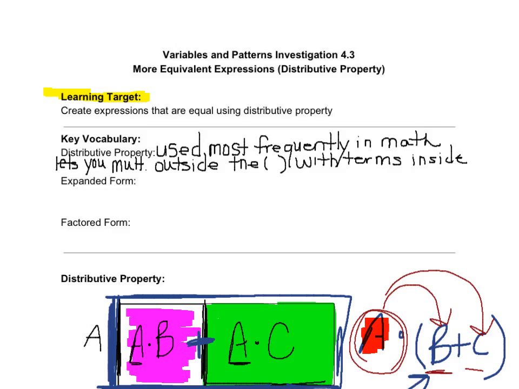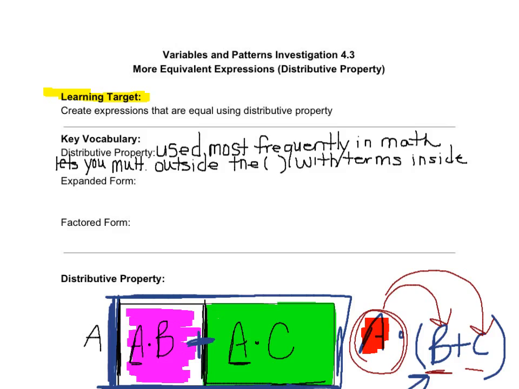So I made it as simplified as I could, just by saying that it is used most frequently in math. What it does is it allows us to multiply what's outside the parentheses, whether that be a number or a variable, with the terms or the pieces that are inside. So that means it could be a number inside the parenthesis or variables or a combination. And hopefully you were able to see that.